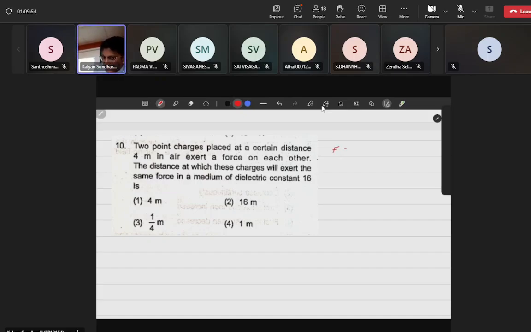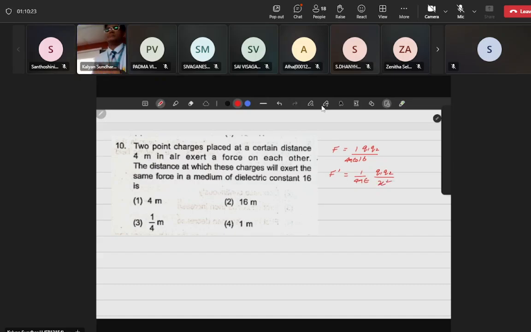So initially F is equal to K q1 q2 divided by r square, which is 16. Correct? This K I will be writing as 1 by 4 pi epsilon naught, because this is in air. In the medium I am just writing epsilon. F dash will be equal to 1 by 4 pi epsilon, this is of a medium, q1 q2 by, I don't know what the distance is, so I will take it as x square.